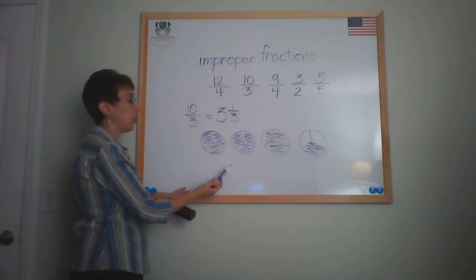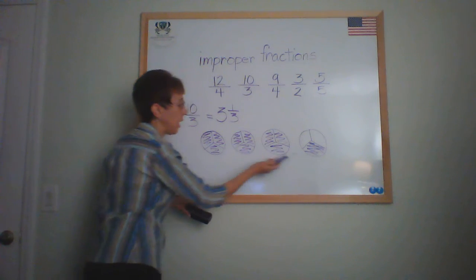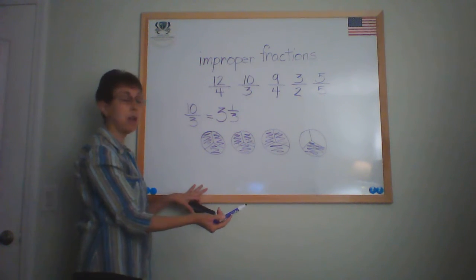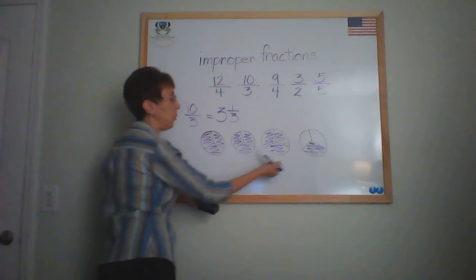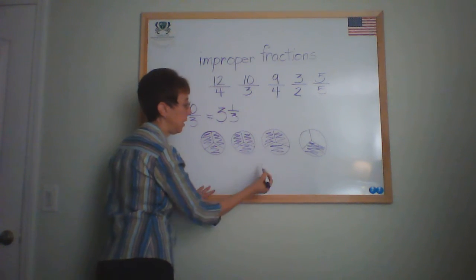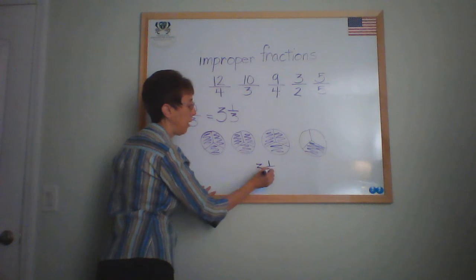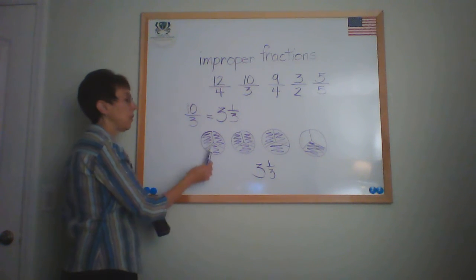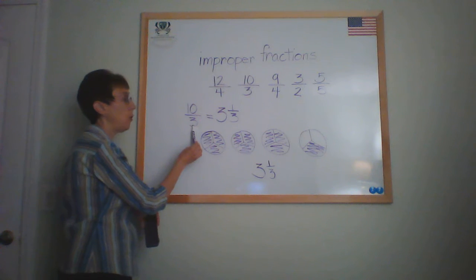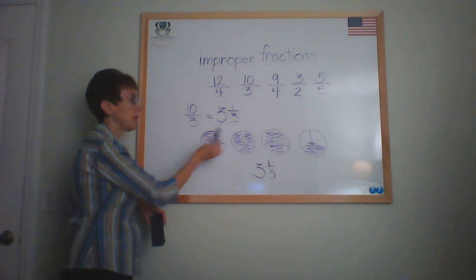If I just gave you this picture and asked you to write a fraction that goes with it, you know it would have to be a mixed number because you see that you have 3 whole circles shaded in and 1/3 of another. So this is the illustration that would go with this mixed number.